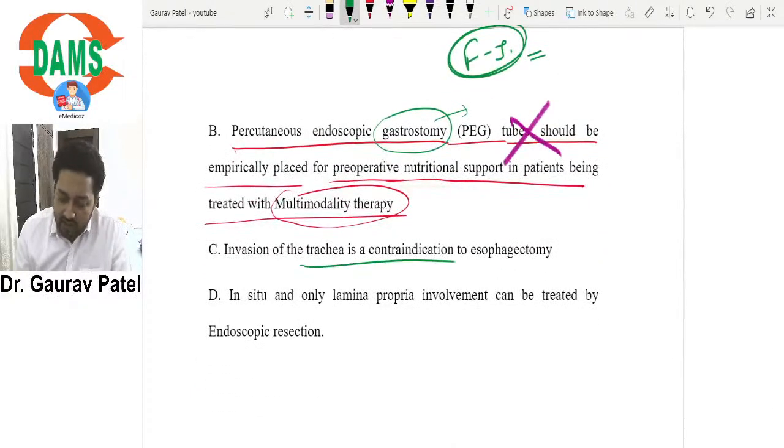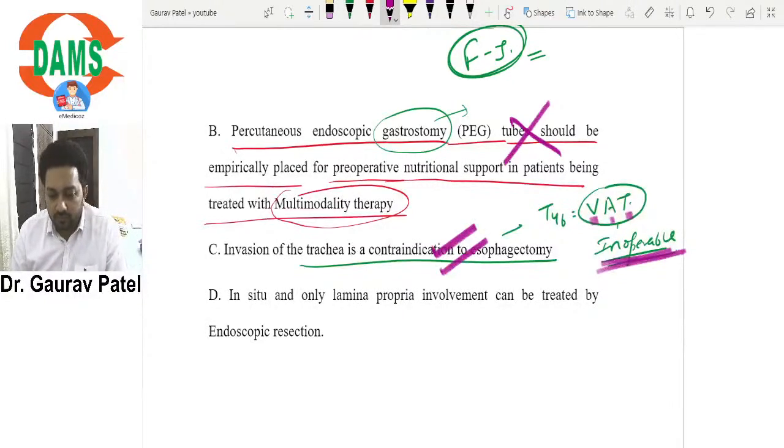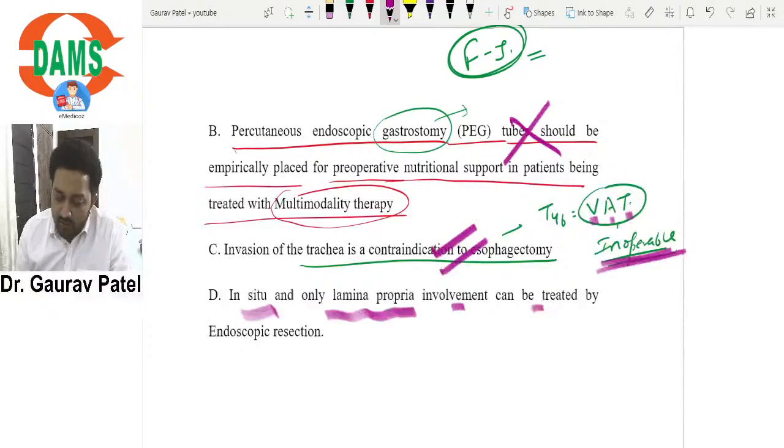Invasion of trachea is a contraindication to esophagectomy. T4b disease, that is vertebra, aorta, trachea, is inoperable. So this is a correct statement. In situ and only lamina propria involvement can be treated by endoscopic resection.